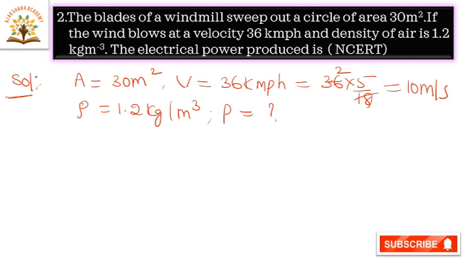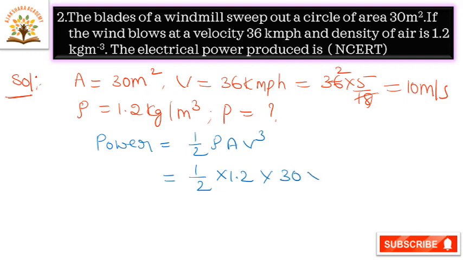So power P is equal to half rho A V cube. Now substituting values, half into 1.2 into area 30, V nothing but 10^3. So 2 ones 2, 0.6, 1.2, 0.6 into 30, 6 by 10, zeros cancel, 6 threes are 18.